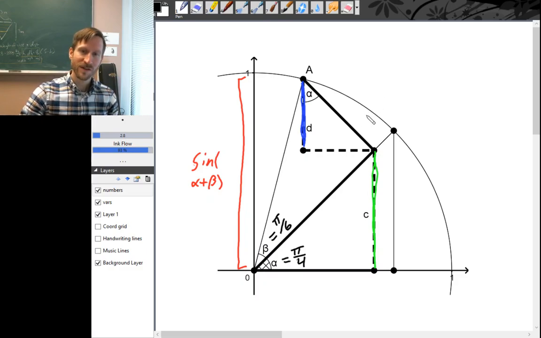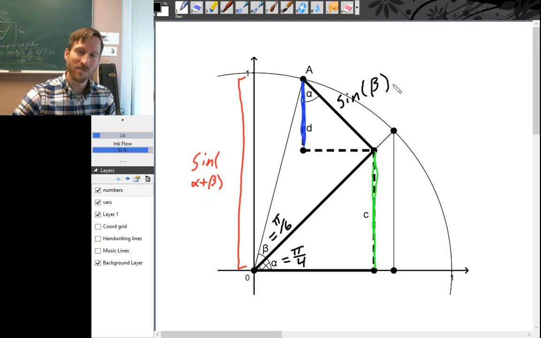So in the previous parts of the handout, you found the length of this diagonal side that I'm pointing at here. This length happens to be sine of beta. And beta is pi over 6, and we know sine of pi over 6, that's a half.